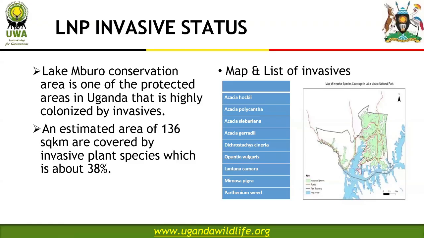But the good news is this problem was detected early, and Acacia is not like Dichrostachys cinerea in managing it. However, they almost behave the same. They have regrowth every time we remove them. But when it was detected early, they started removing it, and a big area has been worked on.